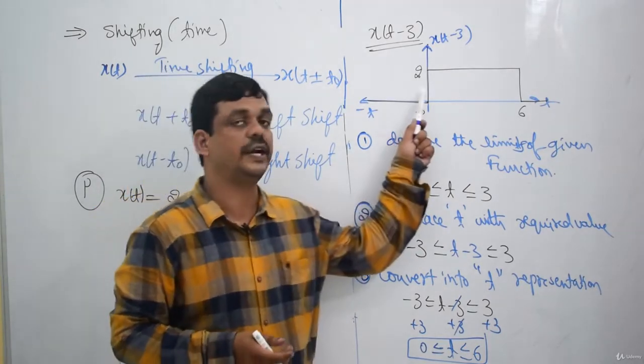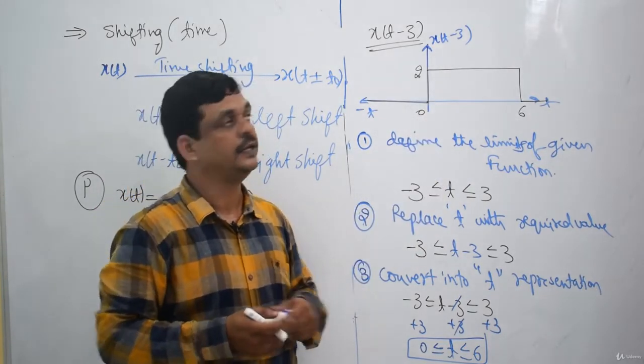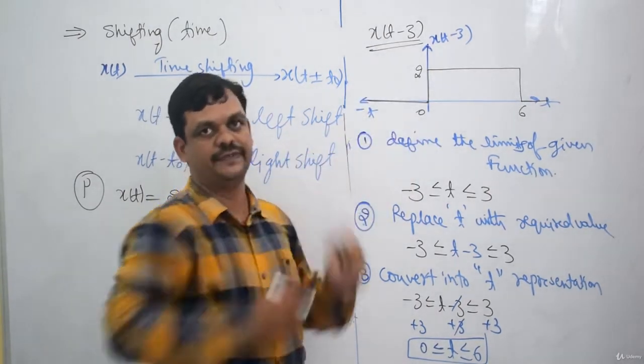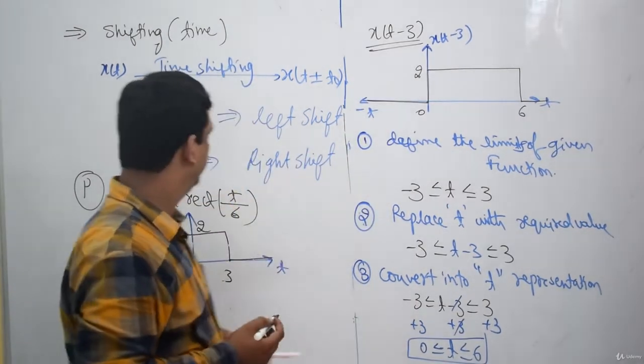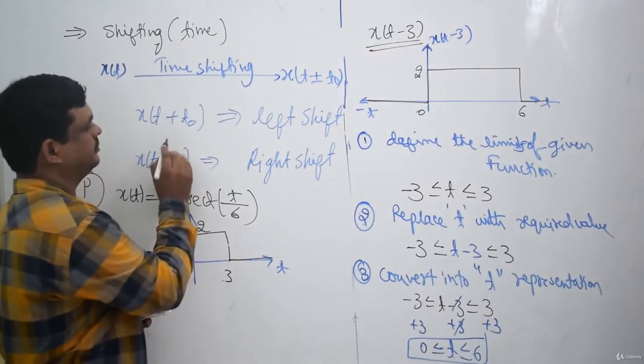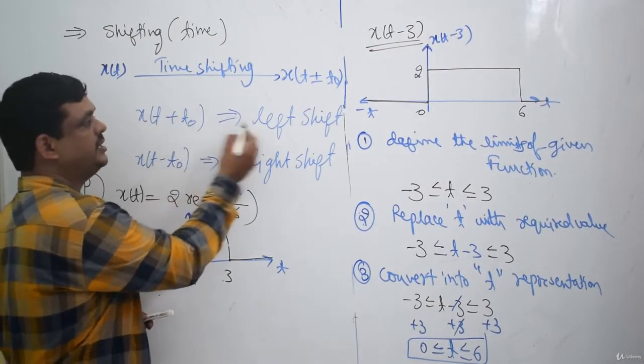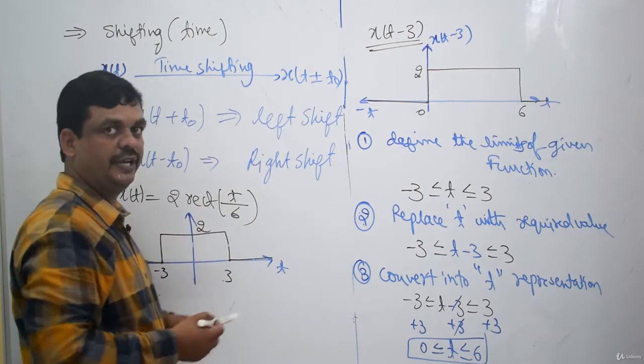This operation is also called a shifting operation. Now this operation is a right side shifting operation. Similarly, if it is plus here, t plus t naught, this explains the left side shifting operation.